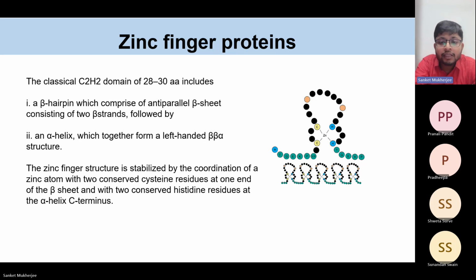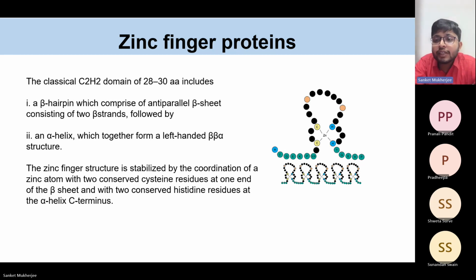So this is the alpha helix, then there is the beta sheet. And as we already said, the two cysteine residues, as you can see here, and two histidine residues are conserved. Why are they conserved? Because they are important to interact with the zinc, which is present in between this hairpin loop. So what will happen if I use a reducing agent, or let's say a metal chelator, which will remove this zinc out of this enzyme?